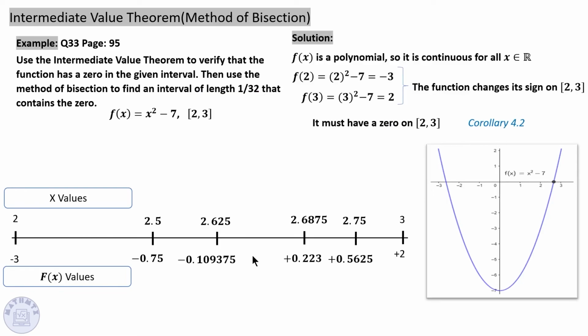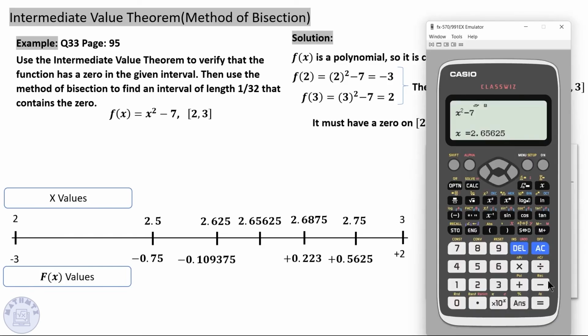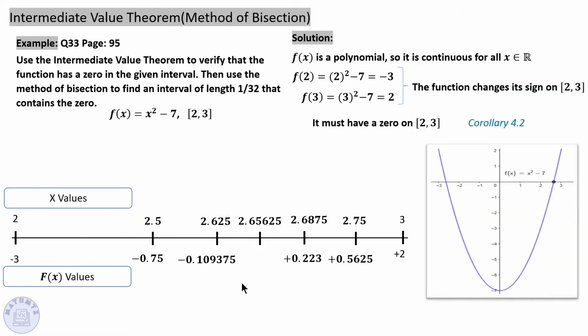So we have to look again in this interval and the midpoint using our calculator. And then substituting the midpoint, I will get a positive value. So I know that the zero will be in between the different signs of f of x. So this makes the zero in this interval.